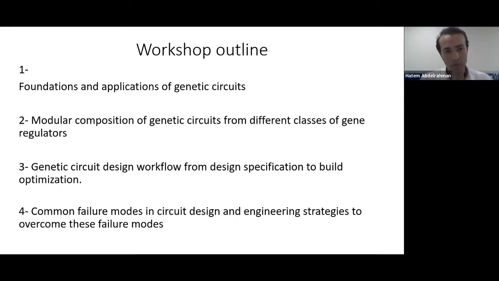How can we compose genetic circuits from different types of regulators? Also, the genetic circuit design workflow, which I will cover from design specification till build optimization. And finally, I will cover the common failure modes encountered in genetic circuit design and engineering strategies to overcome these failure modes.